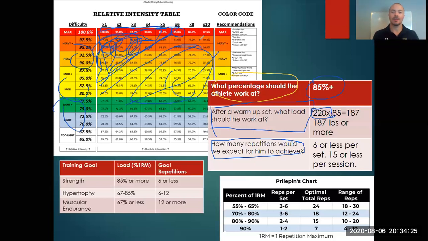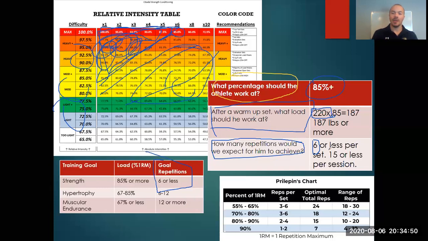That would be the exception. We would not want to plan on doing a lot of work with 8, 10, 15 reps. So to answer the question, on a given set, it's going to be 6 reps or less, as we saw on this chart over here.